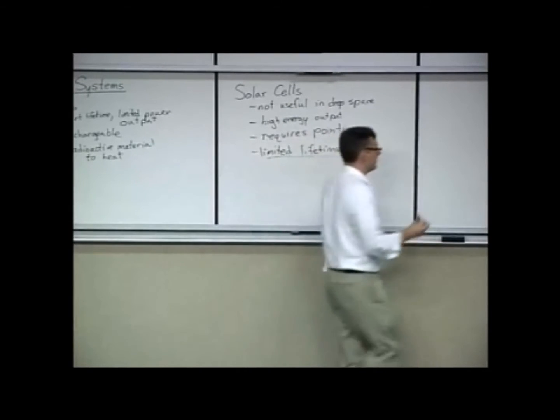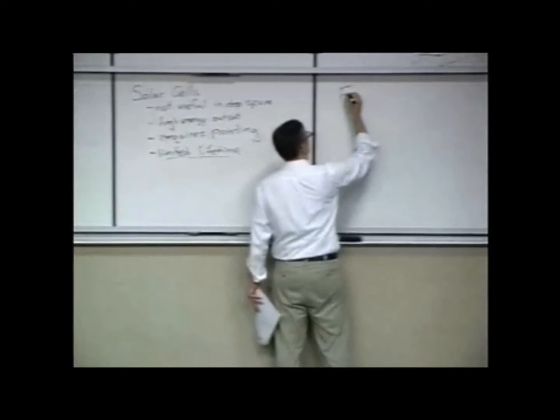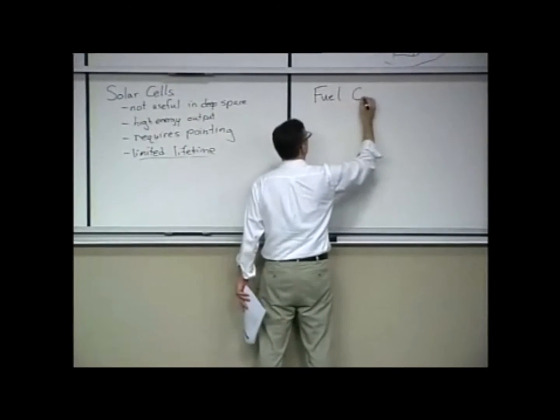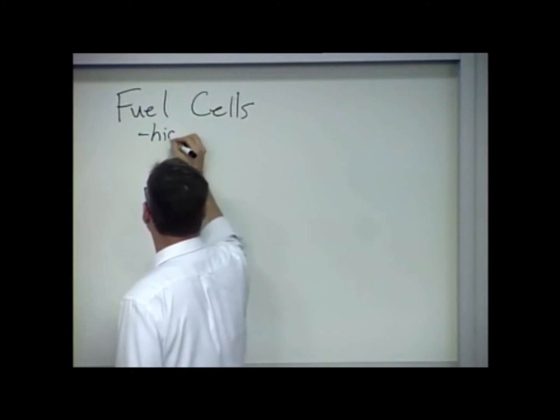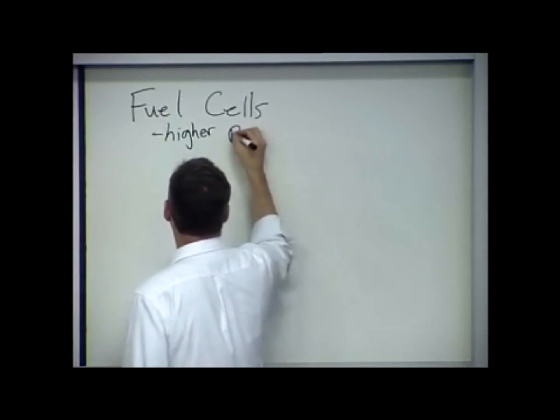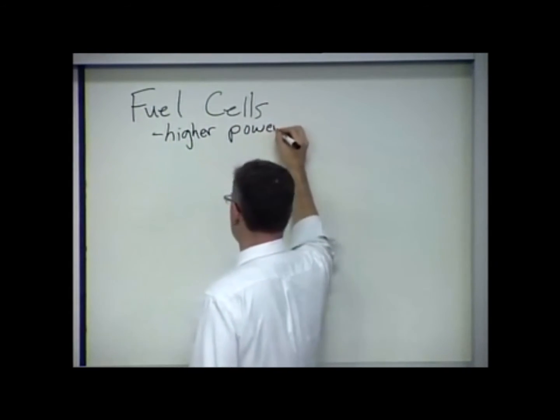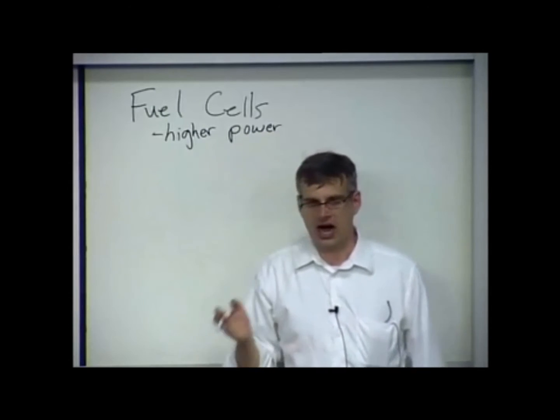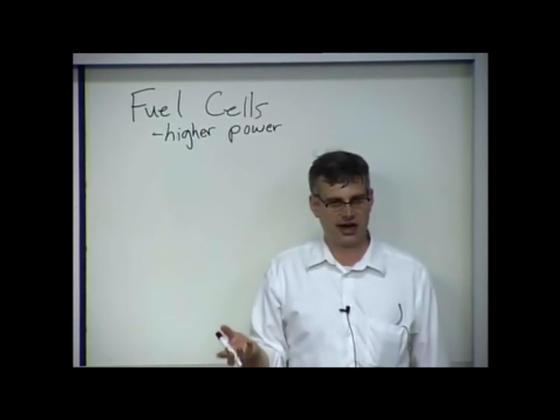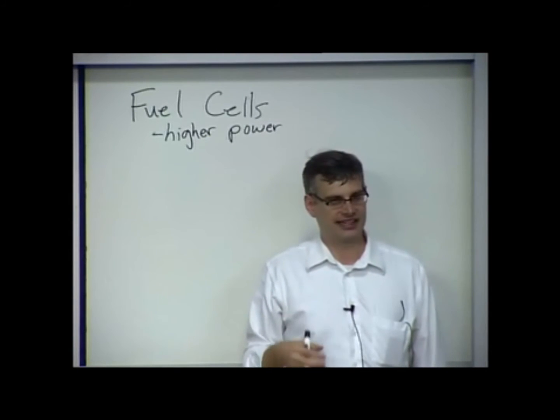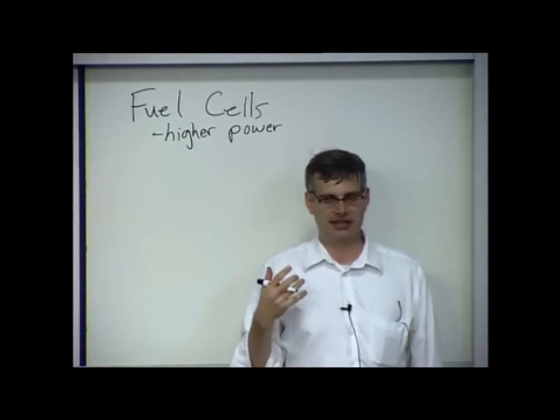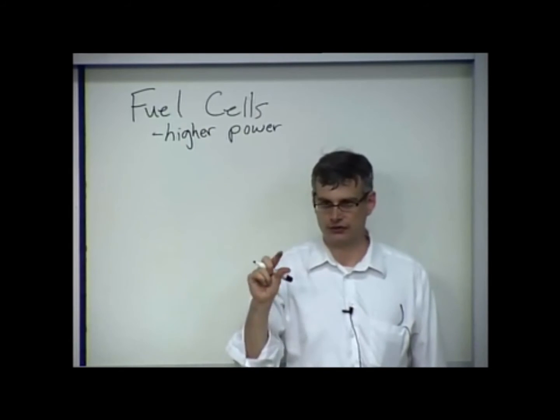We mentioned a third type, the fuel cells, which are usually a hydrogen and oxygen combination over a special membrane, where that reaction can be conducted galvanically to produce a voltage.